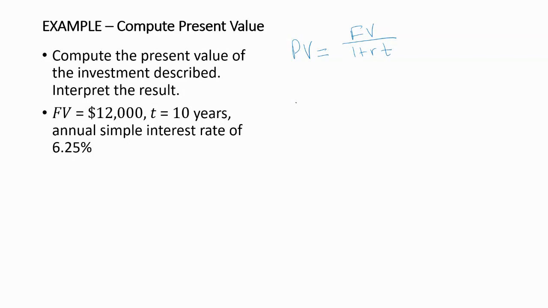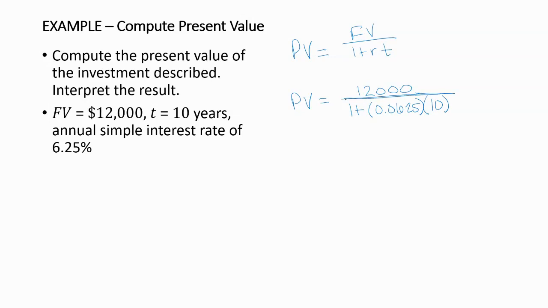Okay, so our future value is 12,000. We're going to divide that by 1 plus our rate, which is 0.0625, times the time, which is 10 years.